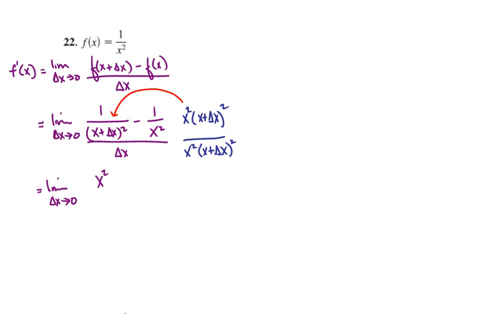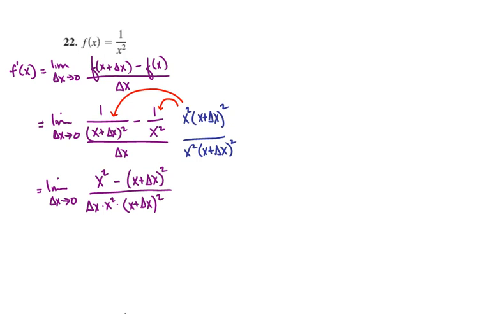Then we're going to do the same thing and multiply times 1 over x squared, and there the x squares will cancel and we'll get minus the quantity x plus delta x squared, and then all over delta x times x squared times x plus delta x squared in the denominator.